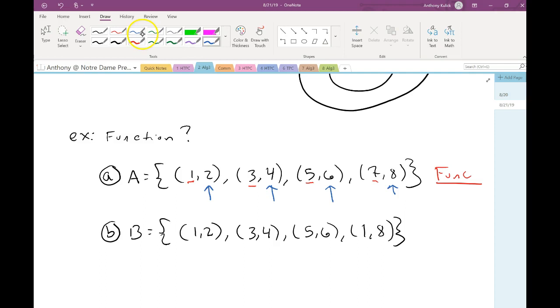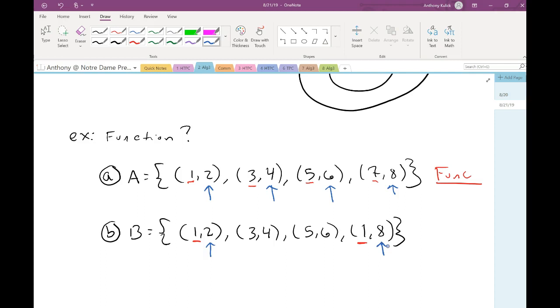Yeah, 1 is paired with 2 different y's. 1 pairs with 2, and 1 pairs with 8. Everybody see that?